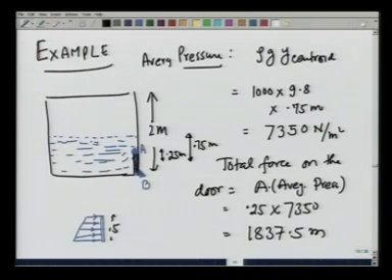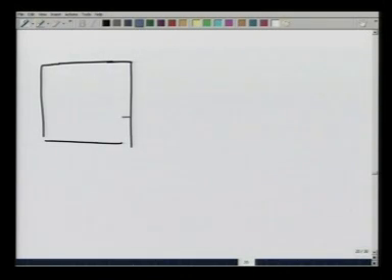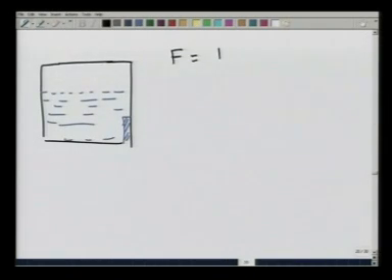So, what we know about this door now is that when the water tank, here is the door, is half filled, the force on the door is 1837.5 newtons. And where does it act?